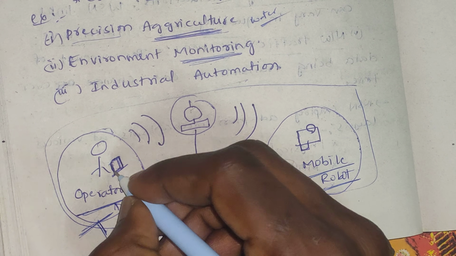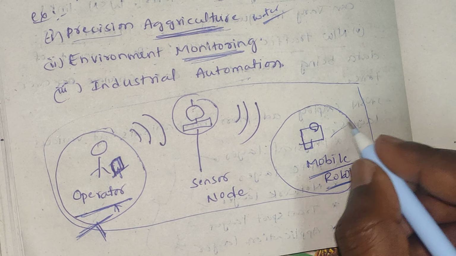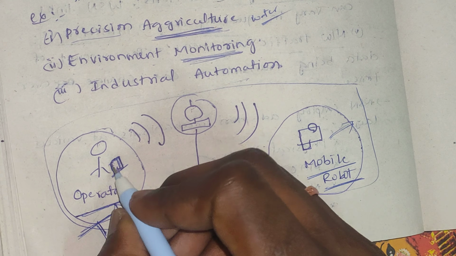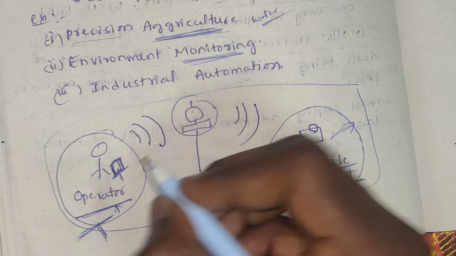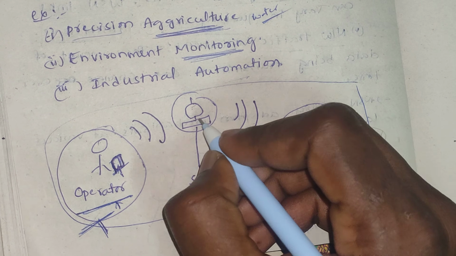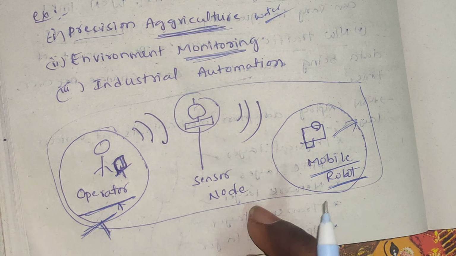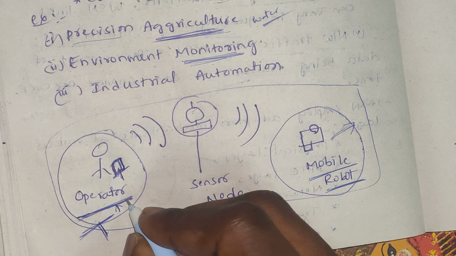Whatever directions he gives, the mobile robot will go and do its work according to the operator's actions, through the sensor node. This is how the sensor network and mobile robot work.